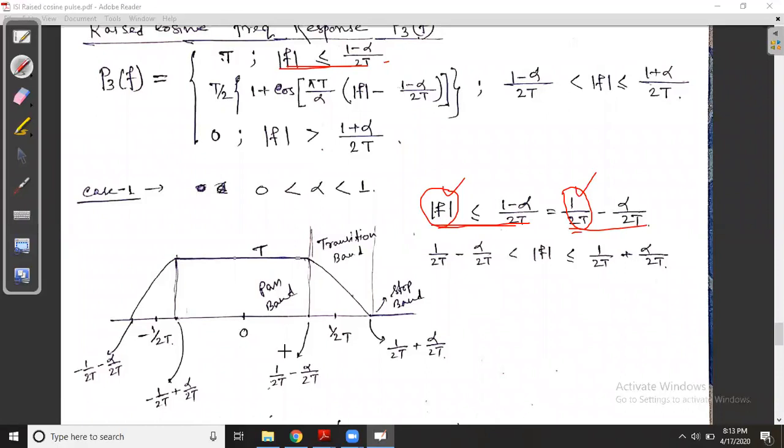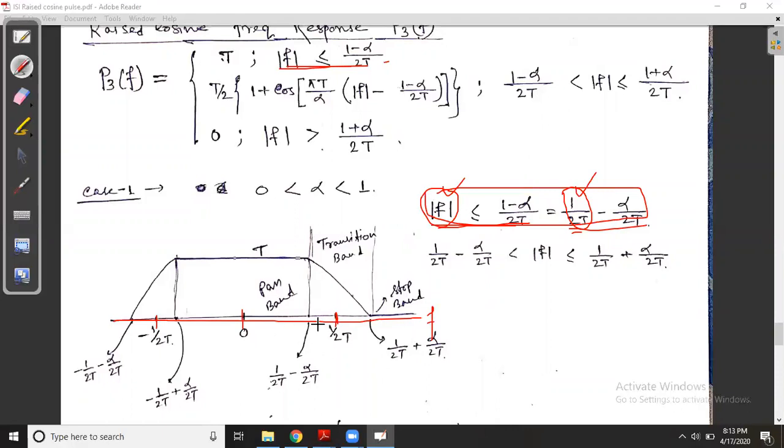So we are trying to draw a line. This is the line. This is the origin. This is 1 by 2T, sorry, plus 1 by 2T. This is minus 1 by 2T. This is your frequency line. So the value of frequency is less than 1 by 2T from this expression.